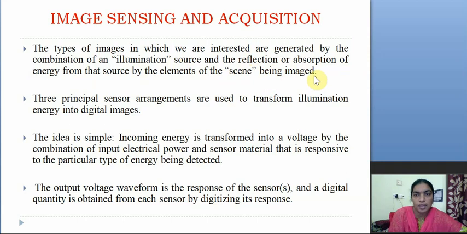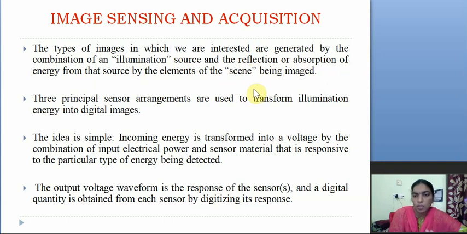As I said earlier in the light and EM spectrum topic, it depends on the illumination source, like the sun, a light, or some other illumination sources, which we will discuss later.